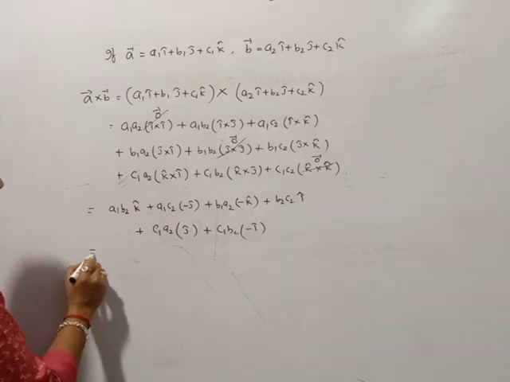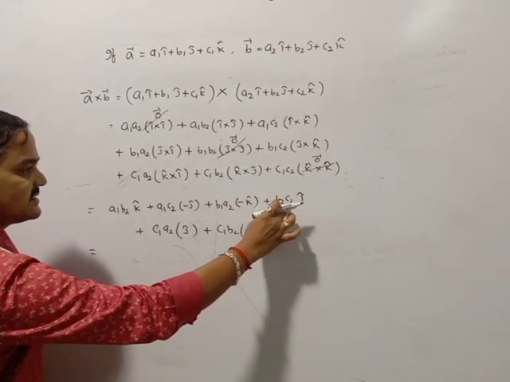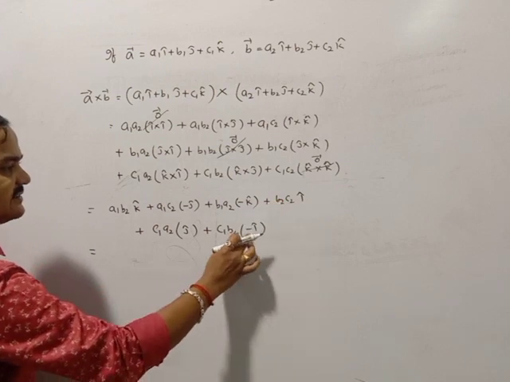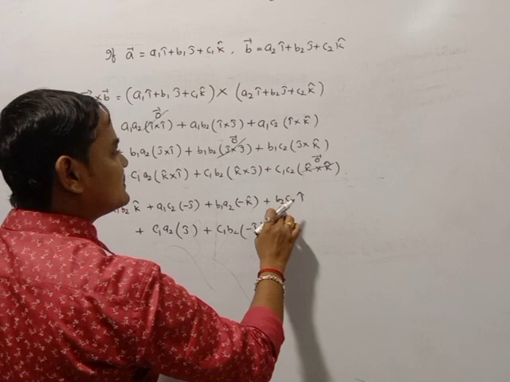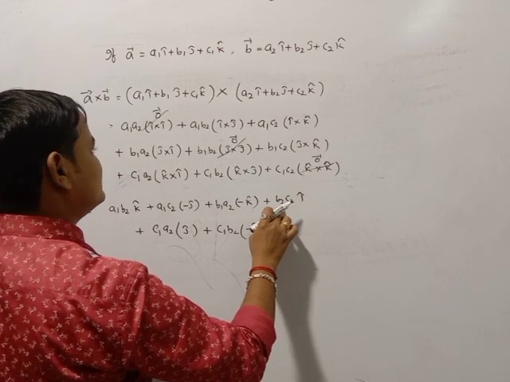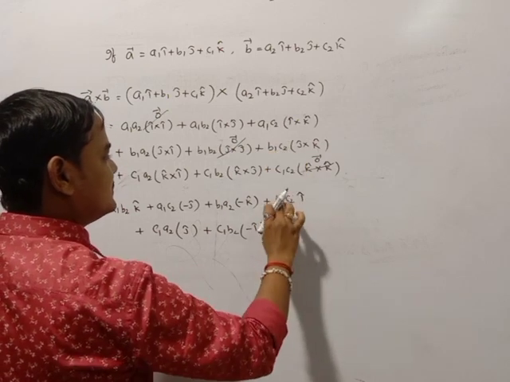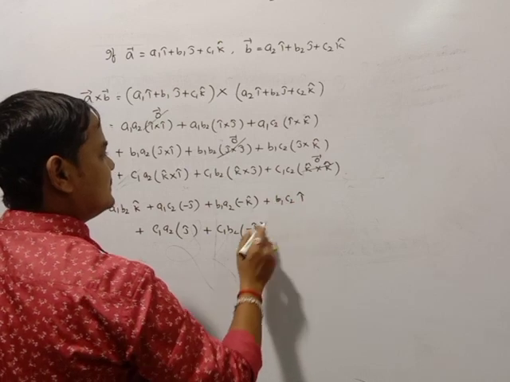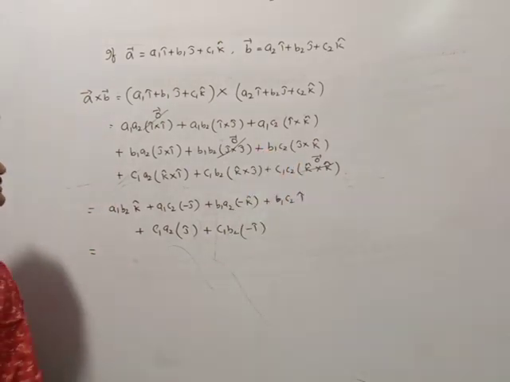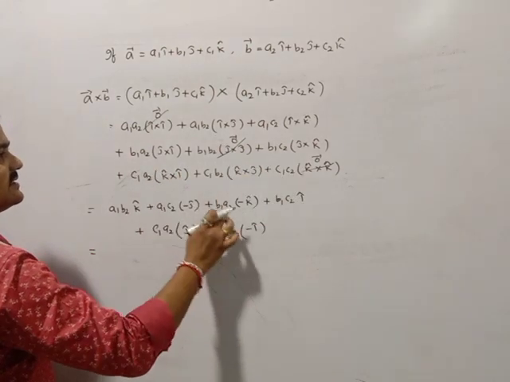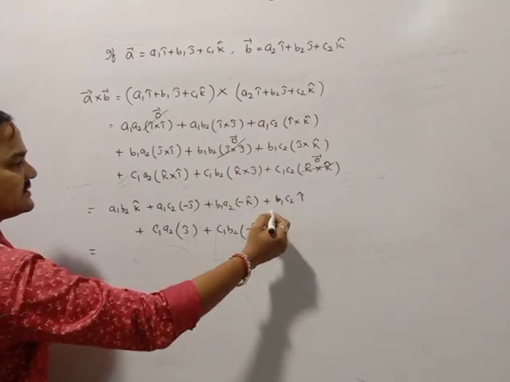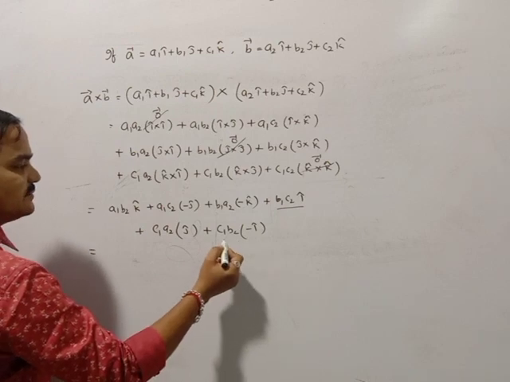Take the i cap terms common. First of all, what is that? This is B1 C2, and here it is B2 C1.